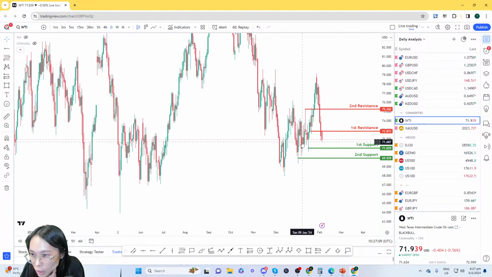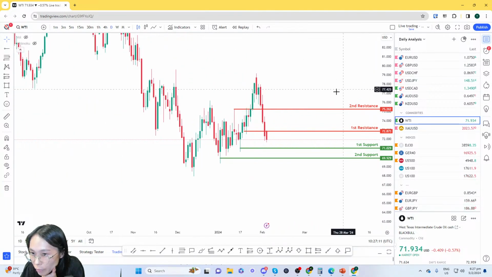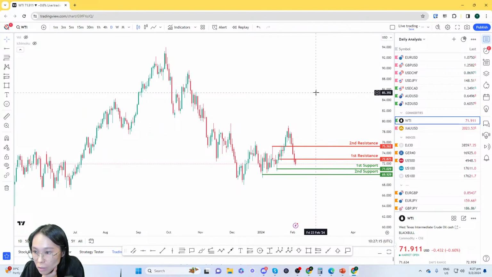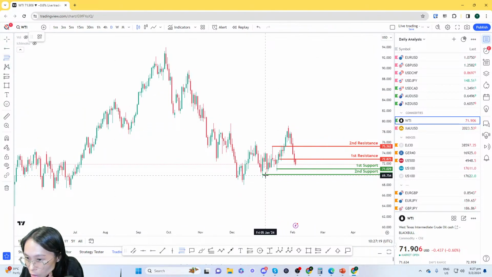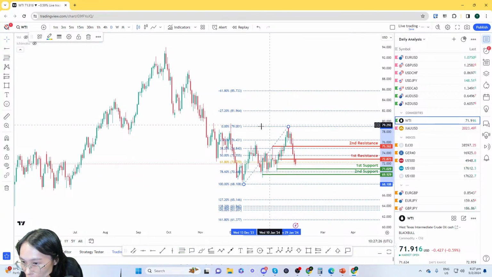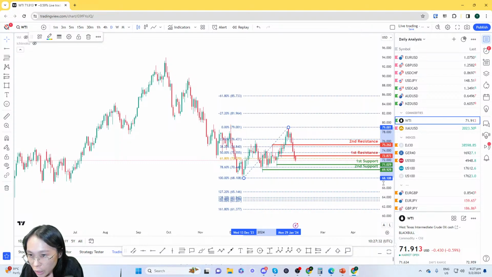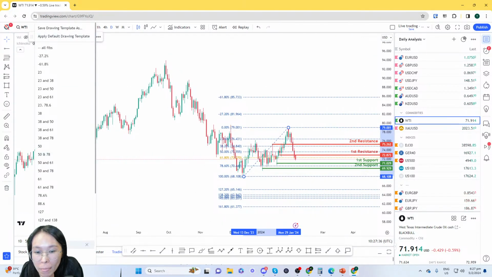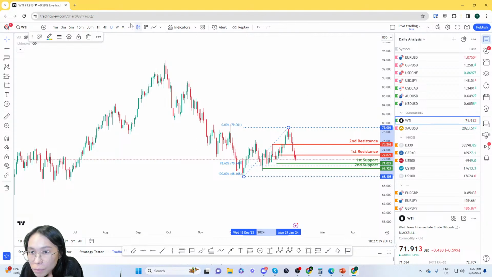I'm going to the daily chart. On the daily chart, I could use this to this. So I can use the 78.6 Fibonacci retracement and target it back to the H4.